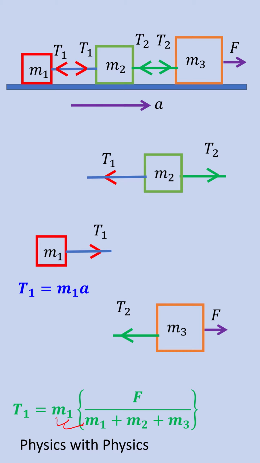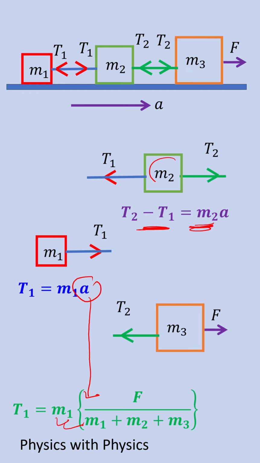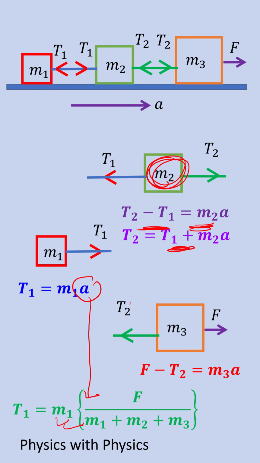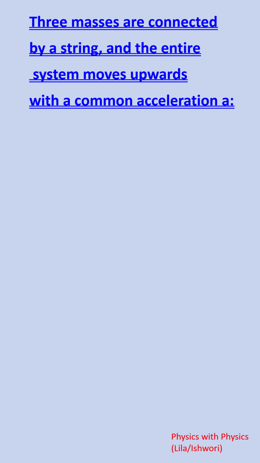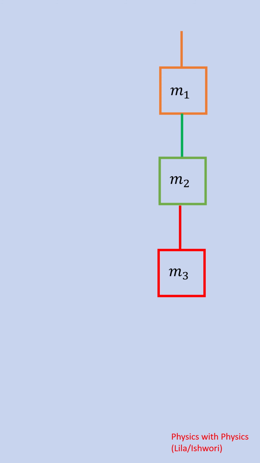T2 minus T1 equals m2a for mass m2, and F minus T2 equals m3a for mass m3. These are connected in this way, and all these strings are massless.